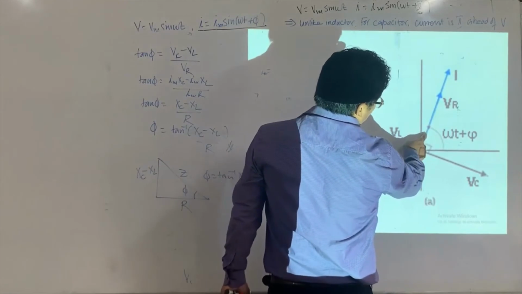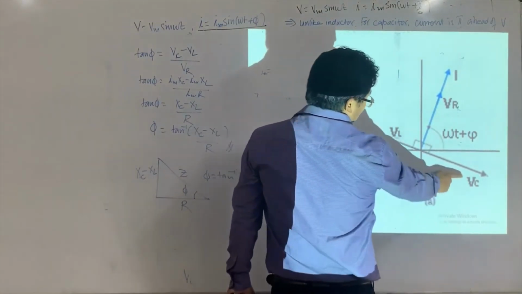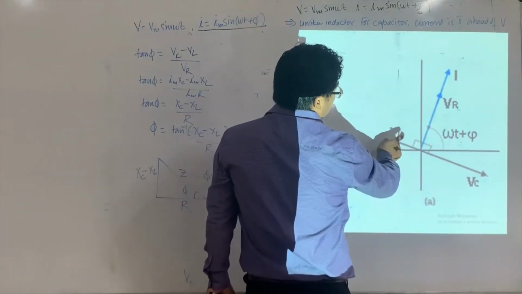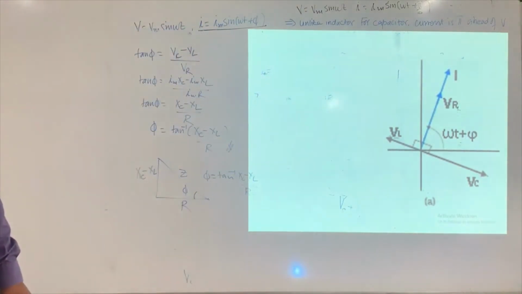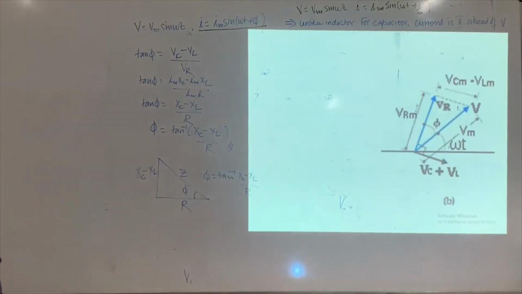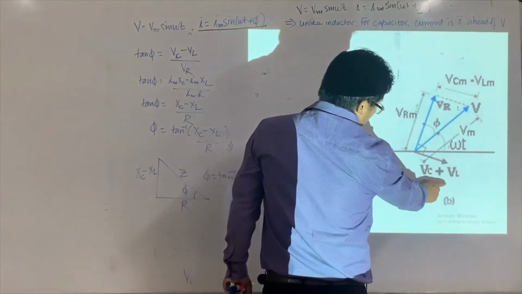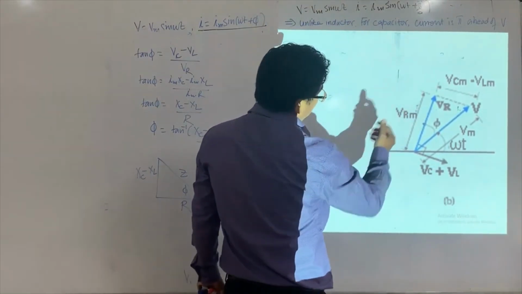Why? Because voltage is behind current by pi by 2 in the case of a capacitor, and voltage is ahead of current by pi by 2 in the case of an inductor. Solving by the phasor diagram method, this is what I got. This is vectorially, right? Magnitude has to be minus, right?